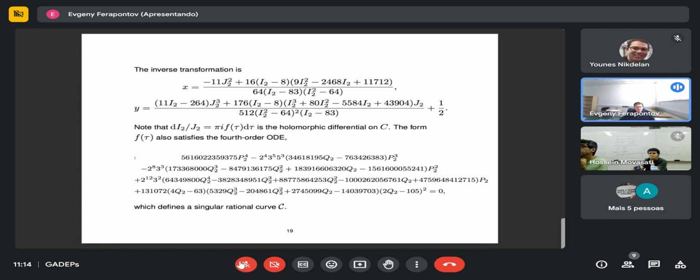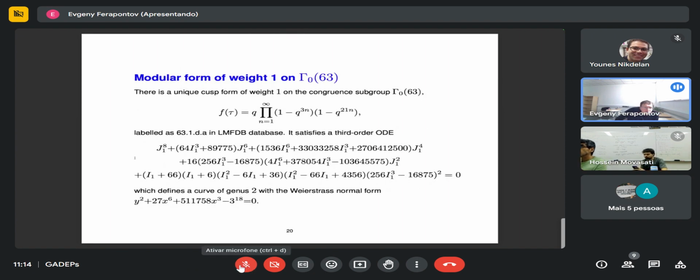Let me show you a few more examples. A modular form of weight 1 on this particular subgroup, gamma 0 of 63. So we calculated quite a few of them. I'm showing you a selection. And in all our examples, the genus of the corresponding curve was 1. And we were trying to find an example, just out of curiosity, that would have genus 2.